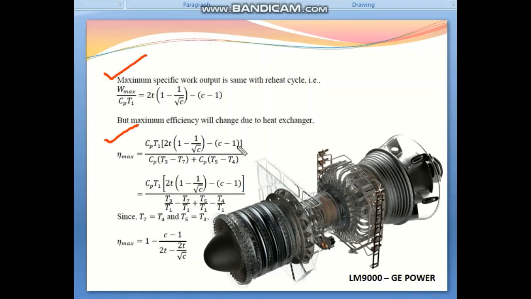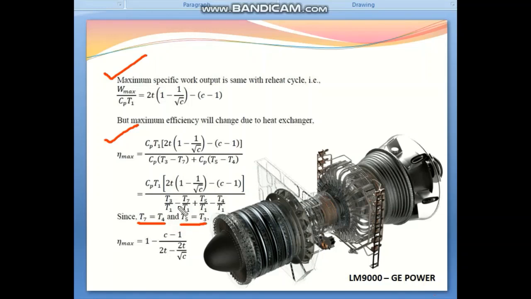So that is Cp into T1 into 2 into (√τ minus 1) divided by the heat input, that is Cp into (T3 minus T7) plus Cp into (T5 minus T4). Since T7 equals T4 and T5 equals T3.